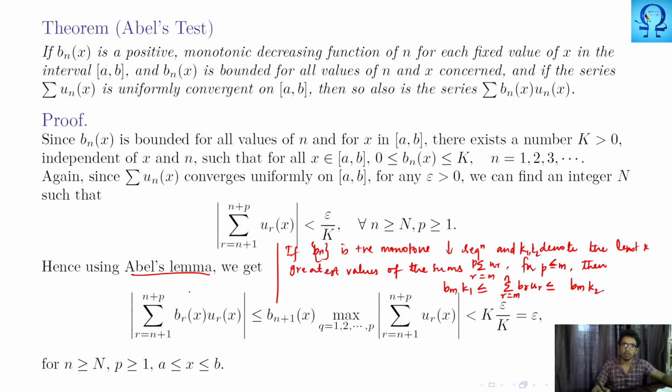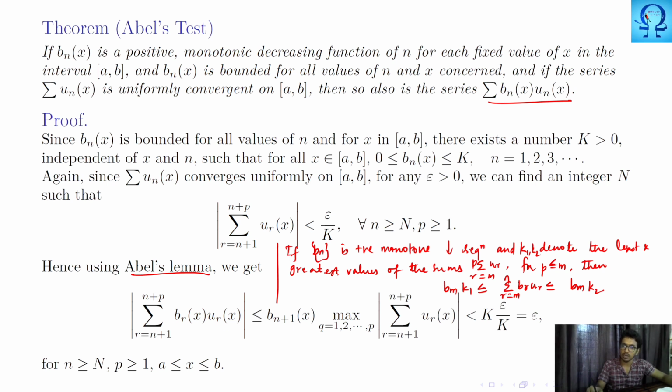When we employ this lemma to this series, we have proved that this sum of u_r is also bounded. So with that quantity we have the first term, that is b_{n+1}(x), and the maximum, that is the bound of this quantity. What is the bound of this quantity?